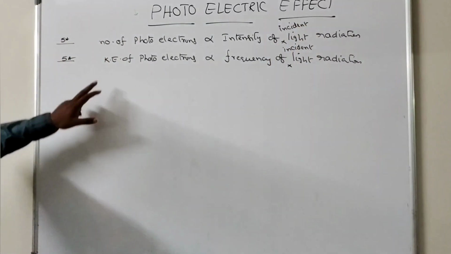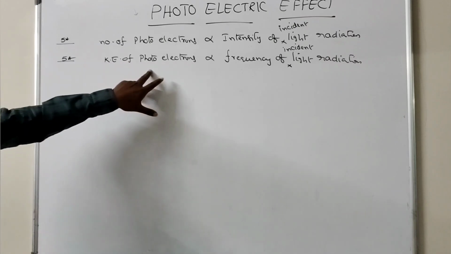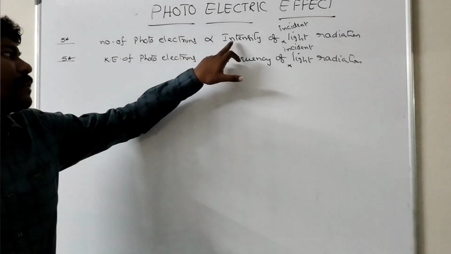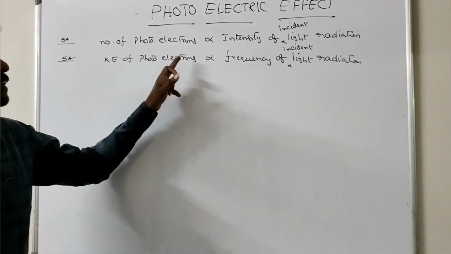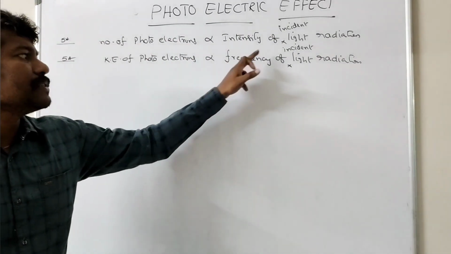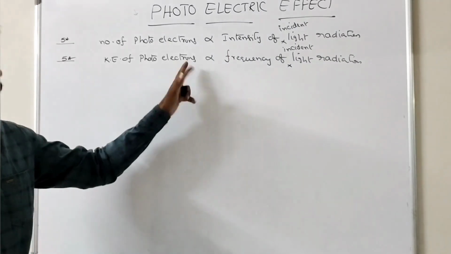That means the kinetic energy of photoelectrons is independent of the intensity of incident light radiation. The kinetic energy of photoelectrons depends on the frequency of incident light radiation, which is directly proportional.